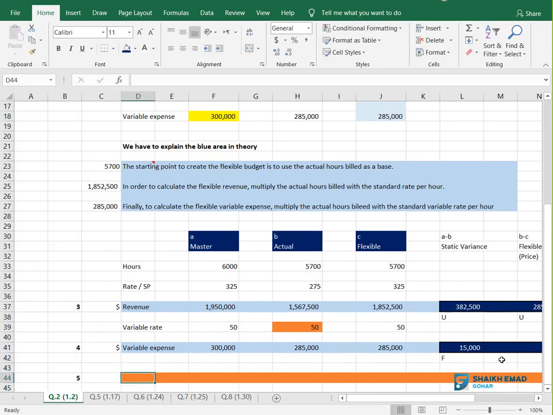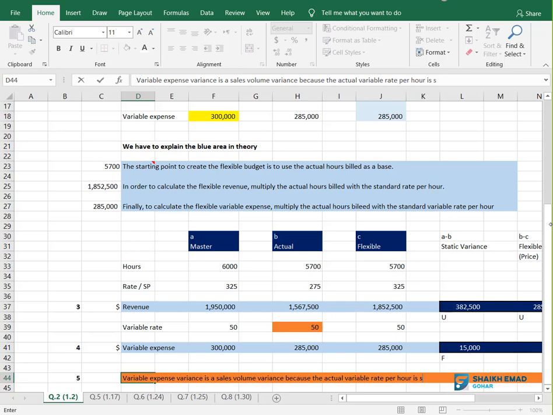So you will tell the examiner that okay, just write favorable here. Just tell them that the variable expense variance is a sales volume variance, right? Because the actual variable rate per hour is same as the standard.